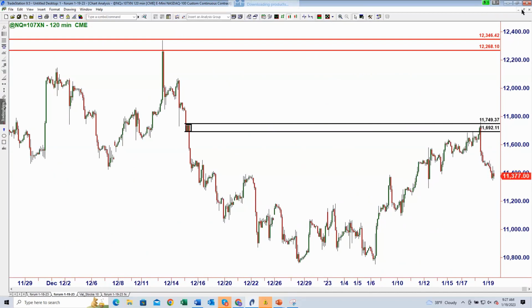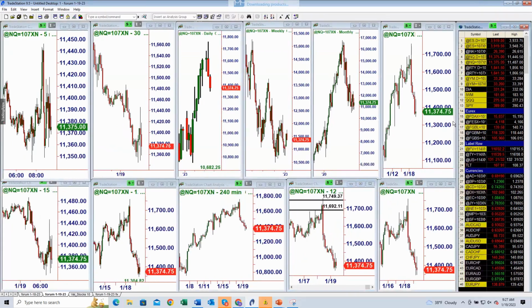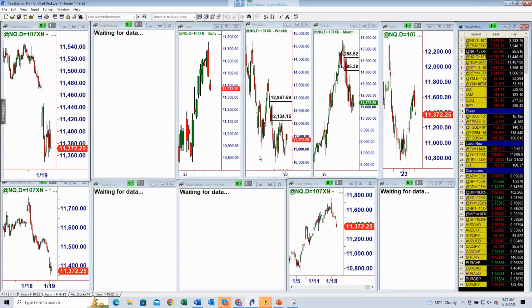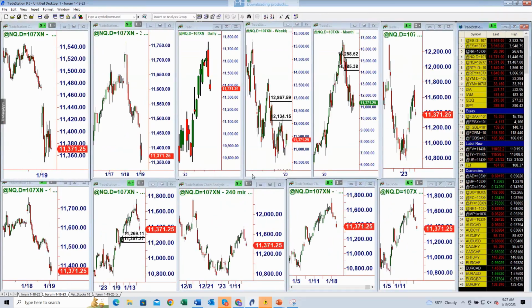And now, let me show you what we're coming down into. Let's look at the demand side of things. For that, I'm looking at the futures. If you want me to look at the QQQ, I can do that as well.